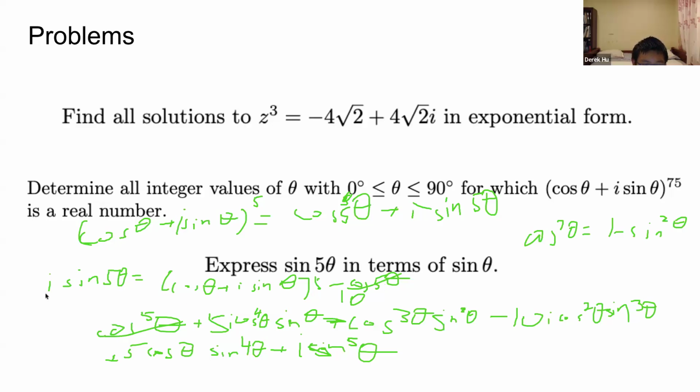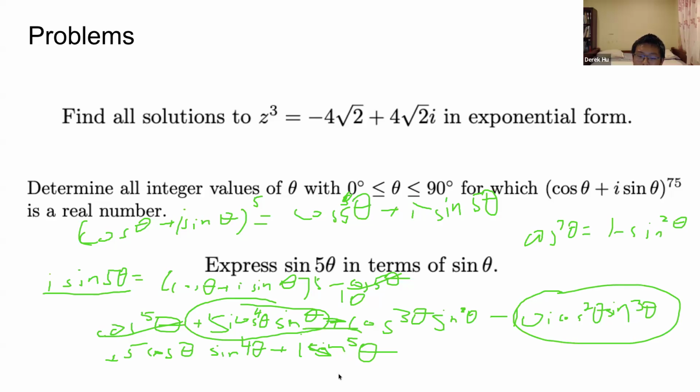Since this is i sine 5 theta, only terms with an i in them will contribute to the final answer. So over here there's an i, over here there's an i, over here there's an i. And these two terms here do not include an i, so they won't contribute to the i sine 5 theta, so we don't care about these.